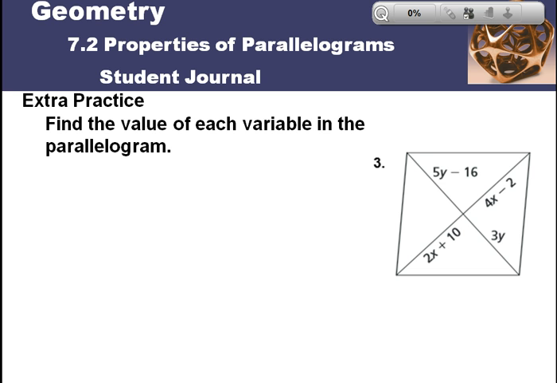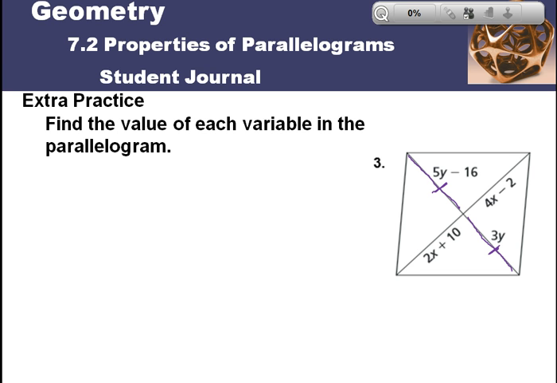So let's get a pen. So this piece right here, 5y minus 16, is equal to this piece right here, 3y. And look at that, the good news is these are both y, so I can just go ahead and solve these. So these two pieces are equal.